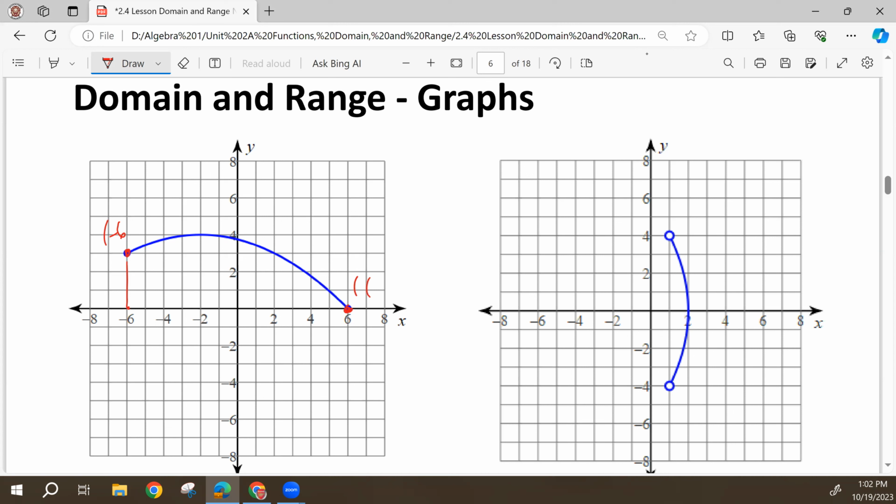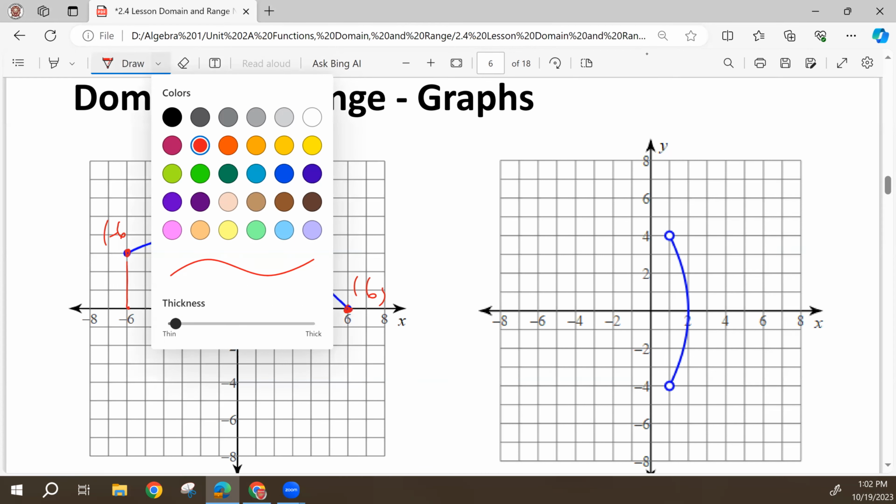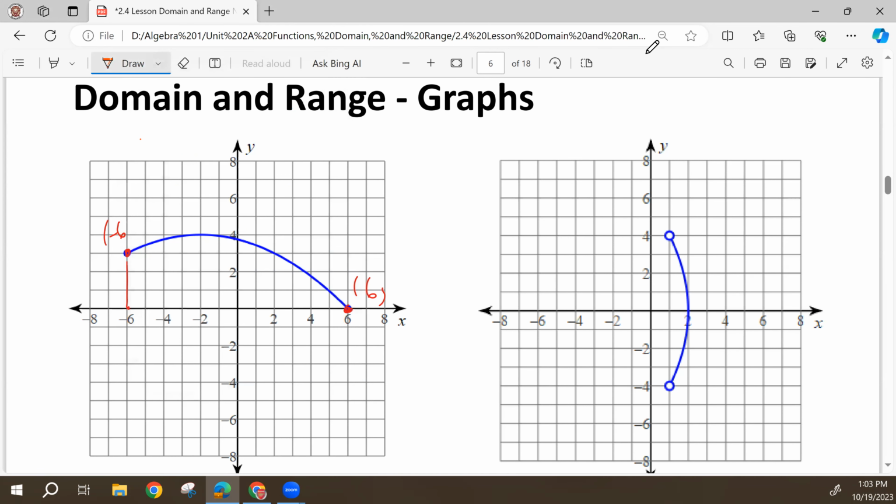So +6. And my y values, I'm going to find out the lowest point that this thing goes, which is actually this same point over here. The lowest point would be 0 up and down. And then my highest point looks like it's right here, which is 4 high.